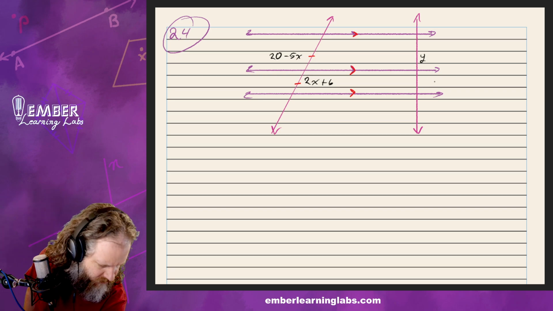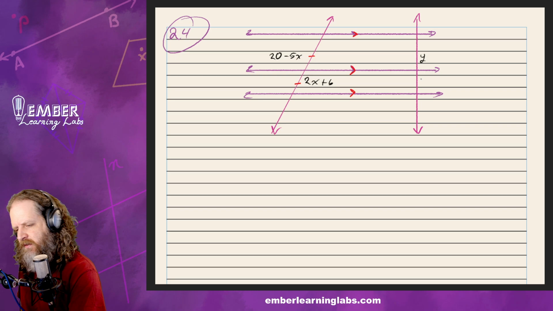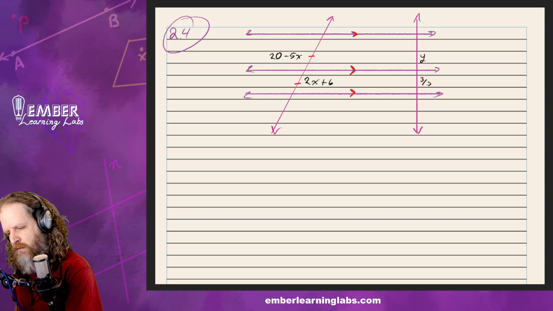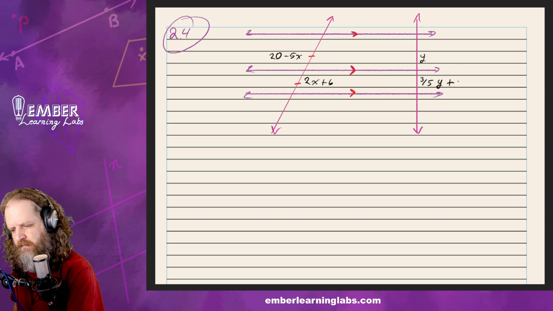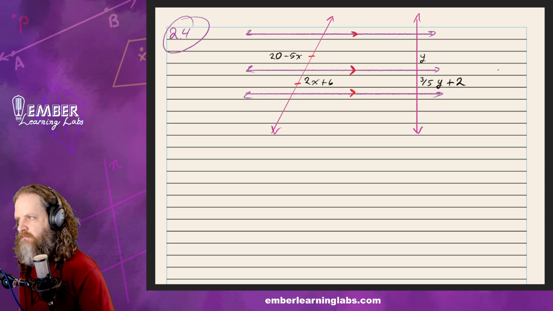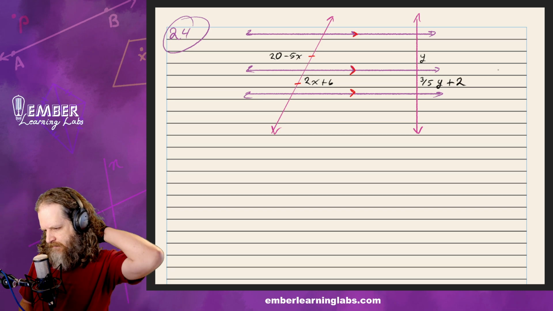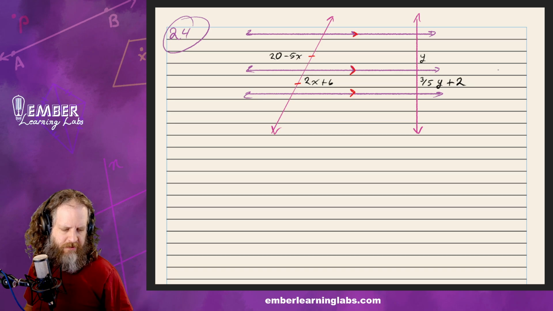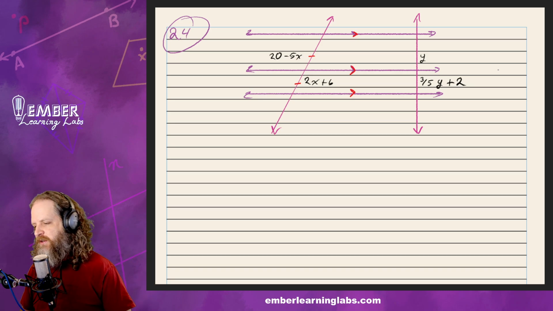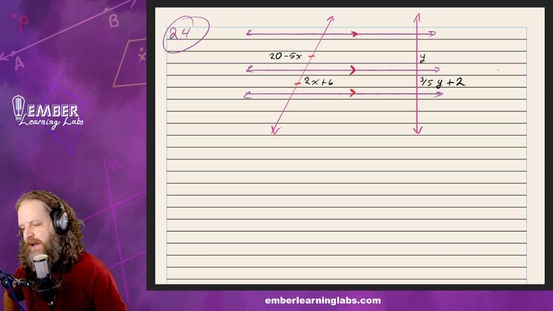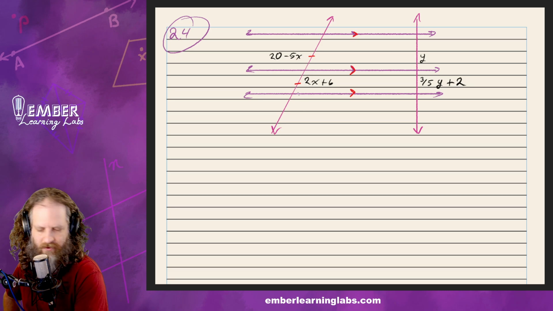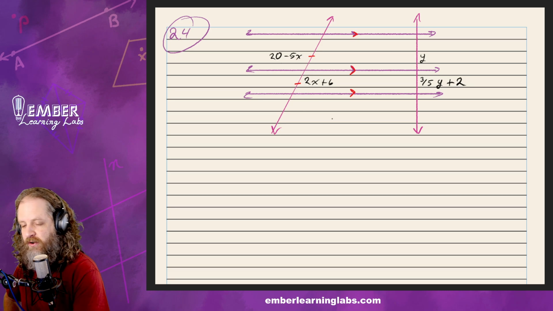This one is 3/5 y plus 2. Okay. And we're supposed to find x and y. So what should we do? Finding x is easy. We don't hardly have to think, right? We're just given that those are congruent. So what kind of equation should we set up with those?